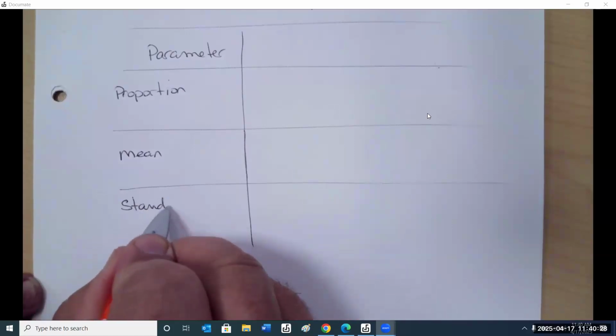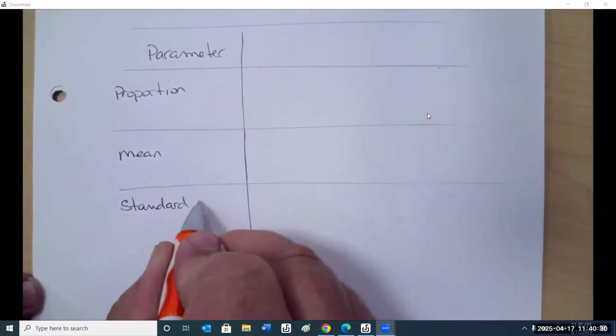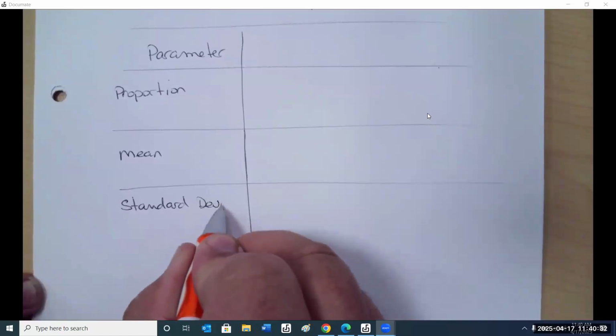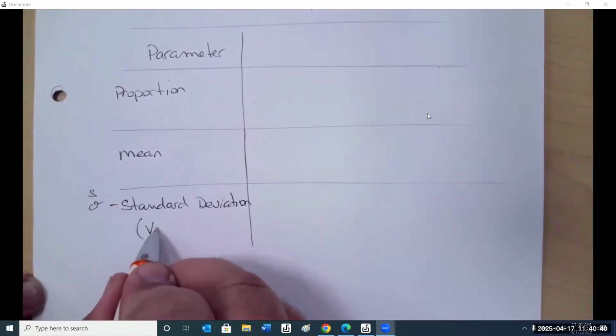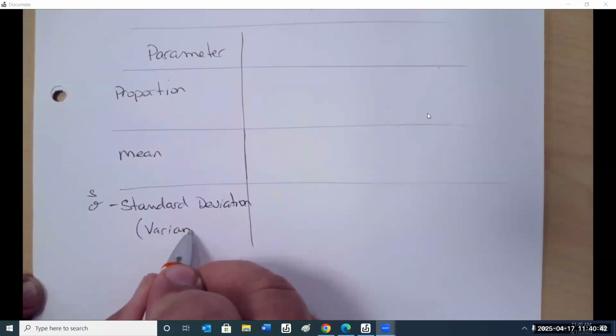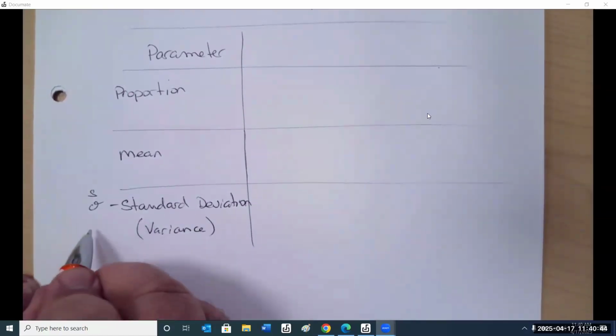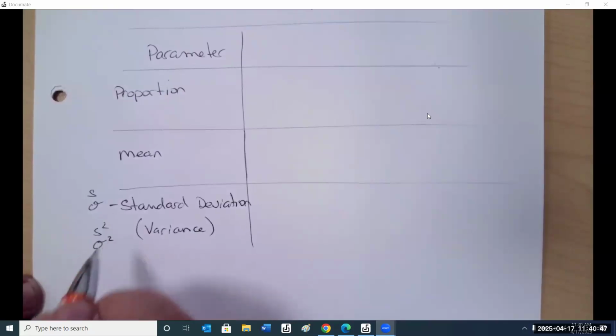And we have the standard deviation. And if you have a standard deviation, that's either sigma or S, then you can always find the variance, which is the square of that.